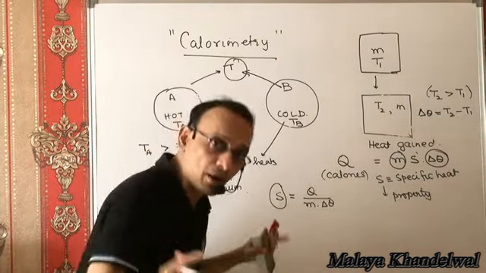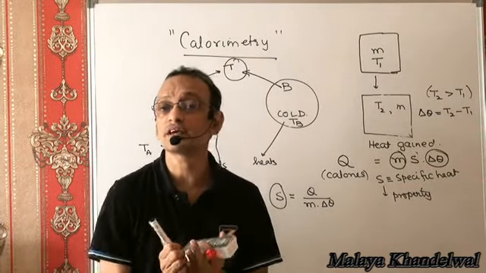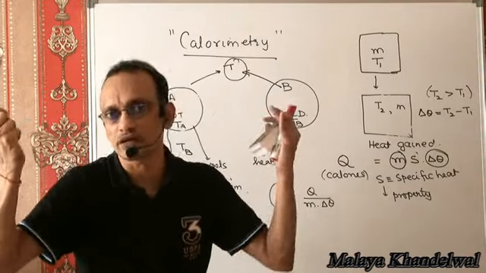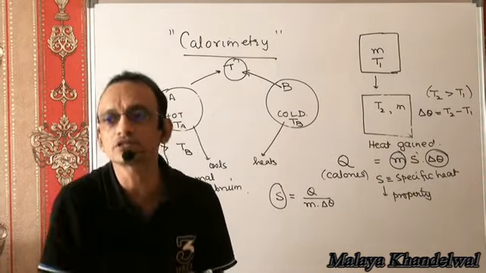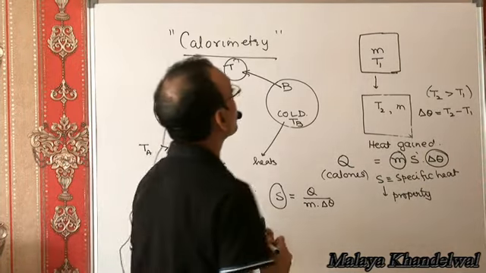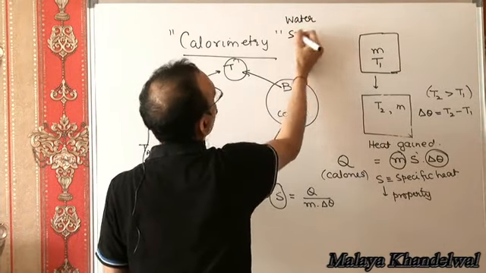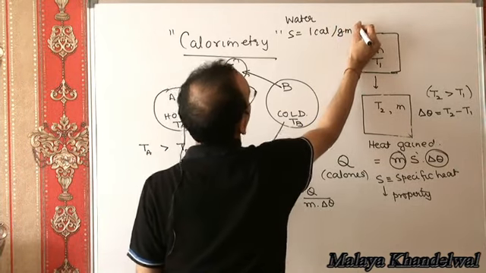S is a property of the substance, which is the amount of heat that is required to raise the temperature of unit mass of a substance through unit degree, right? That's specific heat, and that's documented, and that's obtained through experiment. For water, the specific heat is found to be 1 calorie per gram per degree centigrade.